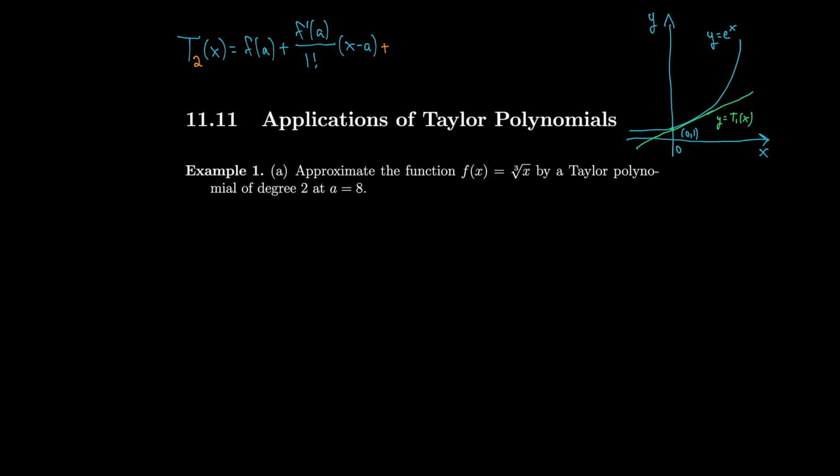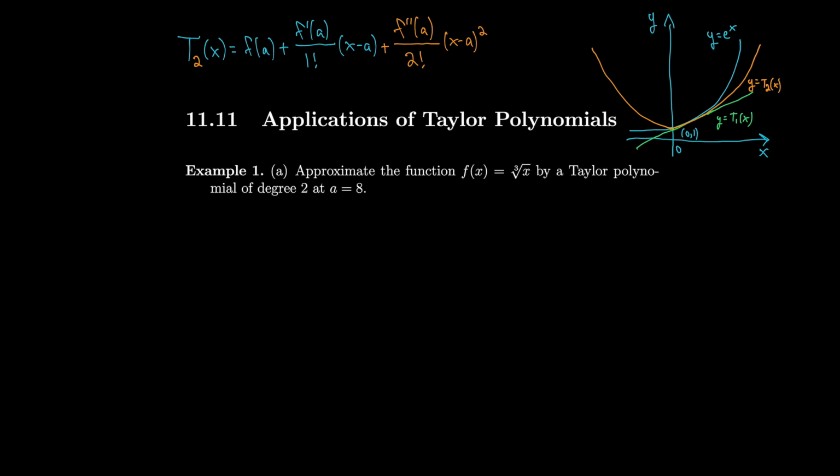So I'll go to f double prime over 2 factorial times x minus a squared. So then it looks like I'll get a parabola because I have a squared term. It would look something like this, if I was using the second degree Taylor polynomial to do my approximation, so that would be y equals T2 of x.